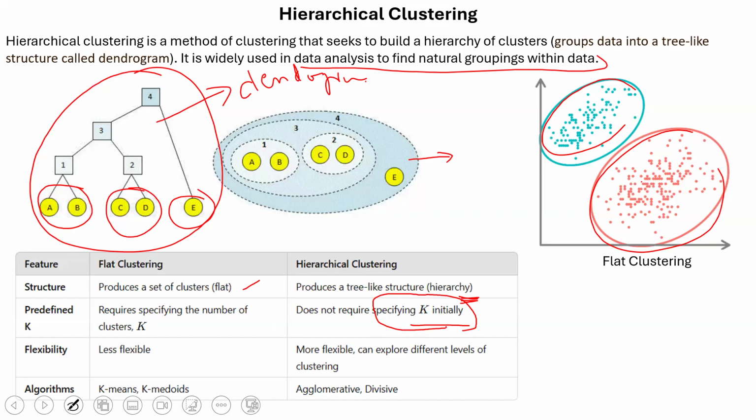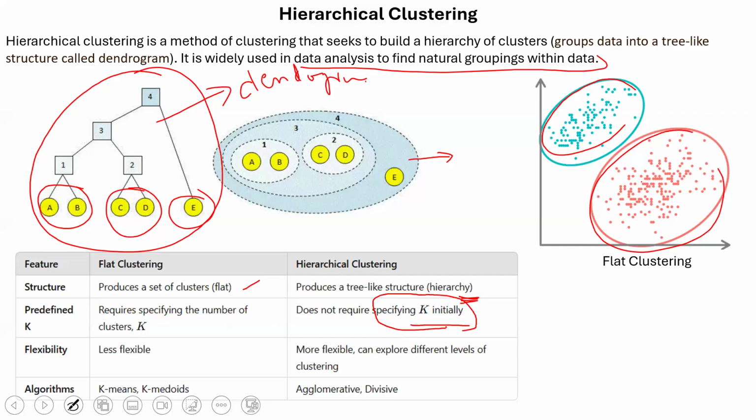For flat clustering algorithms, you have to specify the value of k initially itself. Based on the value of k only, it comes up with that number of clusters at the end. For hierarchical clustering, you don't need to specify k initially, and you will come to know why shortly.